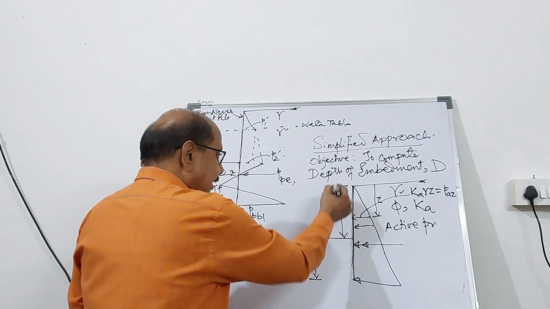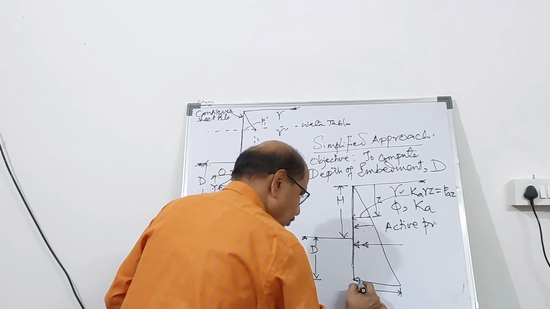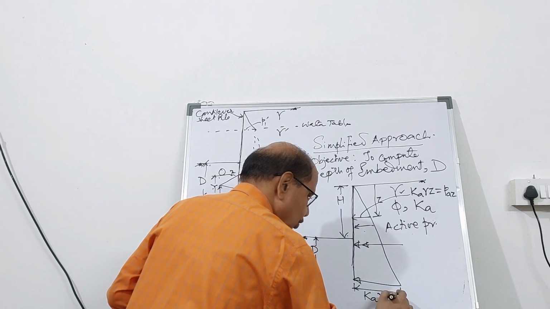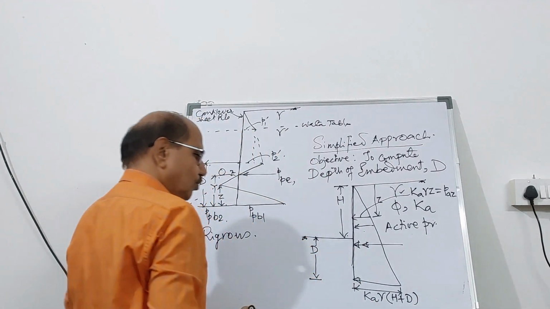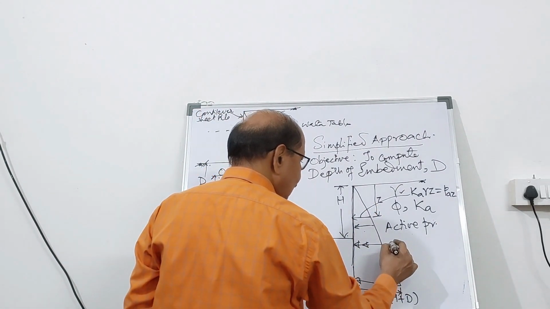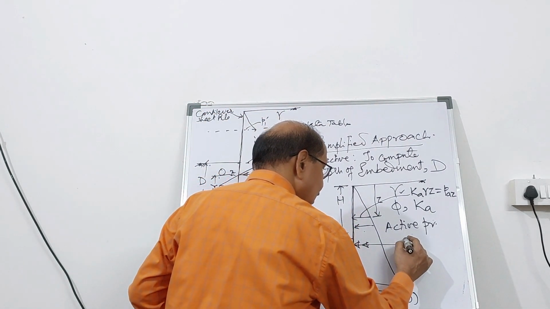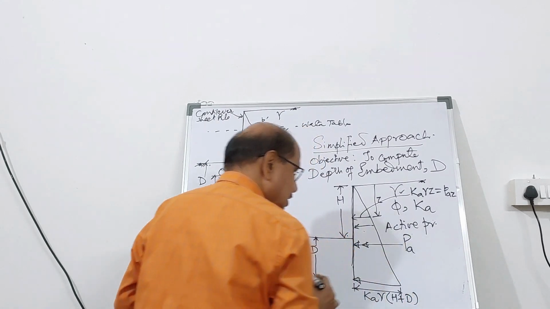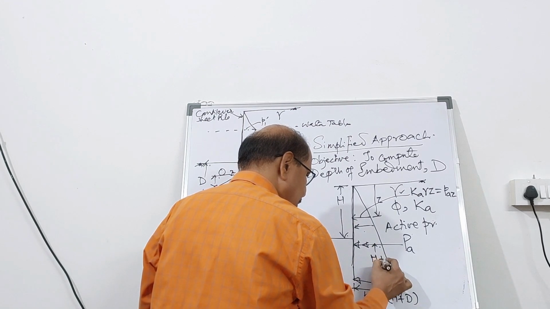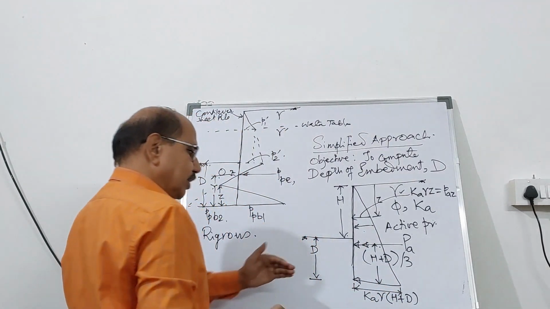And therefore, at H plus D, this pressure will be equal to K into gamma into H plus D. And if you find the area of this pressure distribution diagram, then this total active thrust PA will be acting at a distance of H plus D divided by 3 from the base.